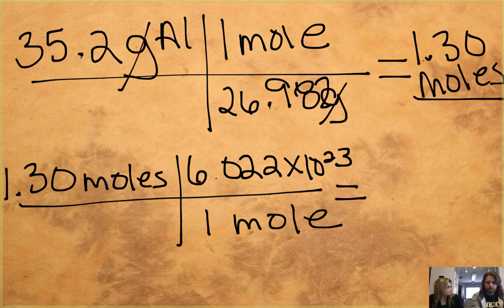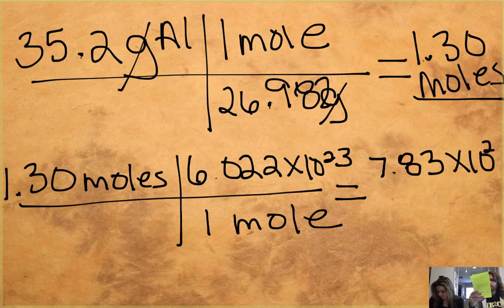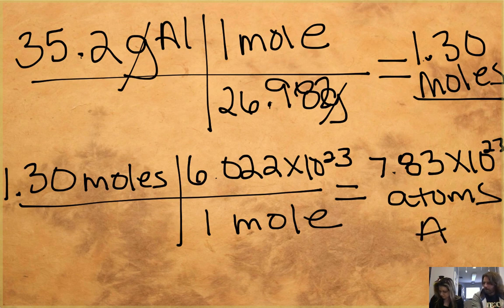So what would I get? You would get approximately 7.83 times 10 to the 23rd atoms of aluminum. In atoms because we're talking about a single element. Single element, the particle is atoms.